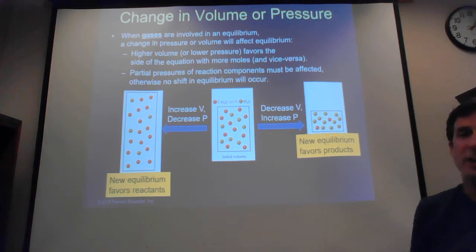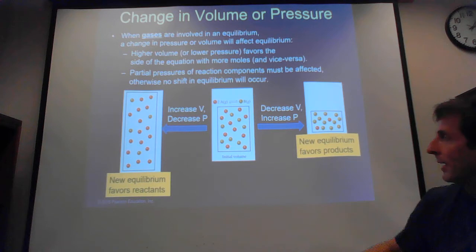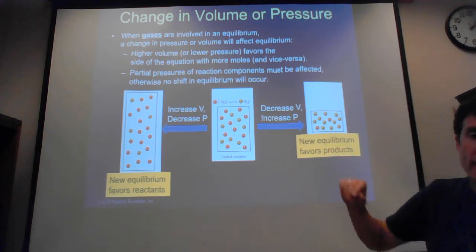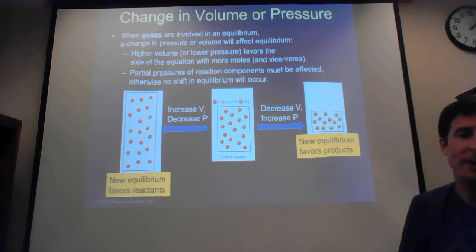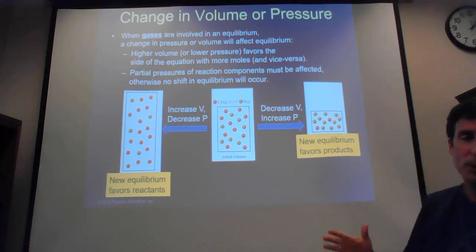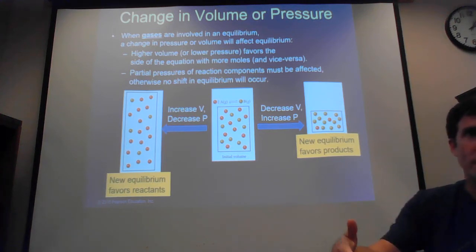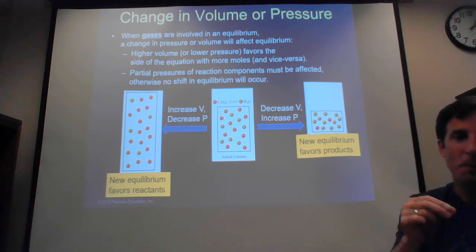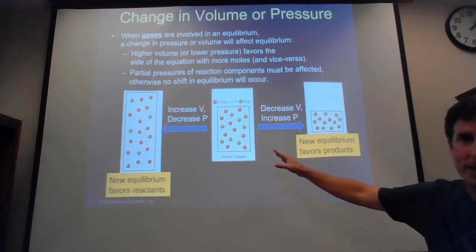Okay? So, if I have a container where this reaction is going on between A and B, if I add a noble gas like neon, it's not part of the reaction. It's not going to do anything other than create some more pressure than what was in there already, but it doesn't affect the partial pressure of either of the two gases.